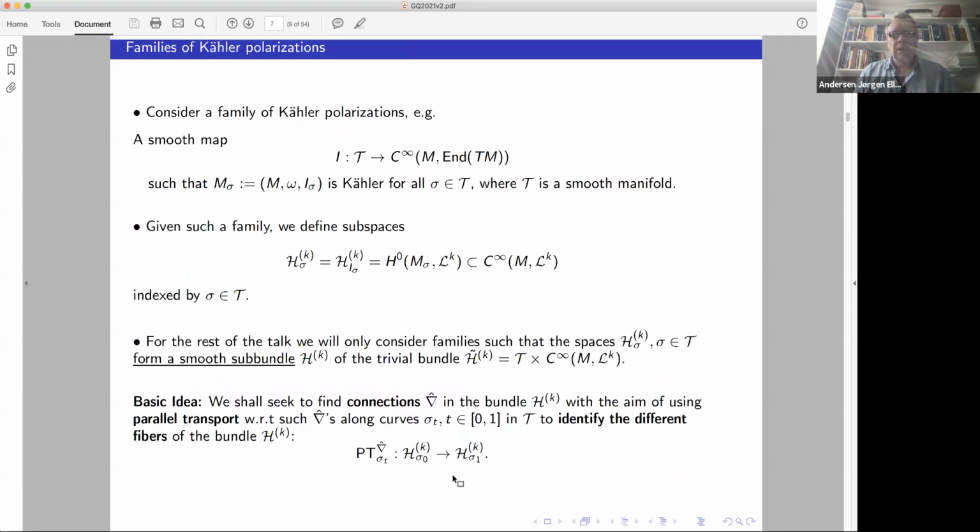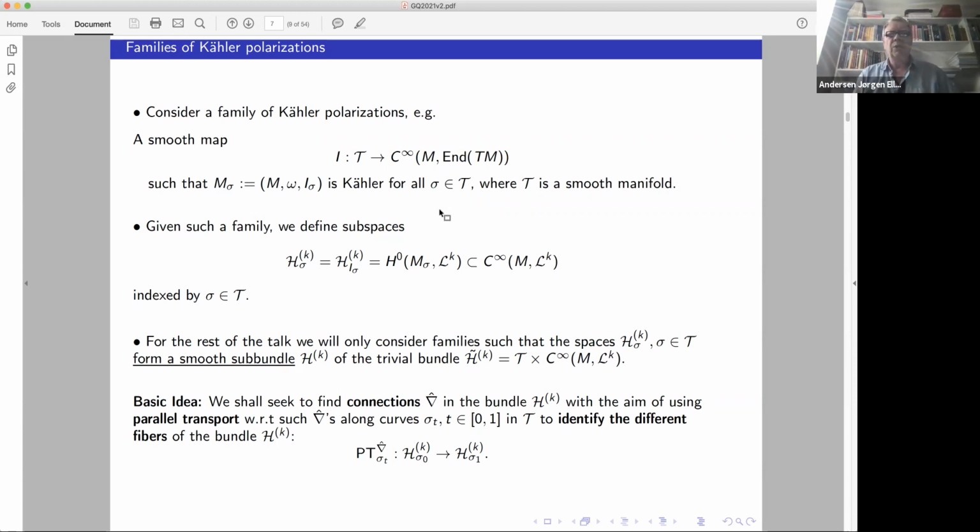All right. Now, the key thing that I want to consider is very general families of Kähler polarizations. I think this is an integral part of the whole discussion that I will present for you: I will not consider each Kähler structure one at a time, but I will promote the viewpoint that we need to consider families.